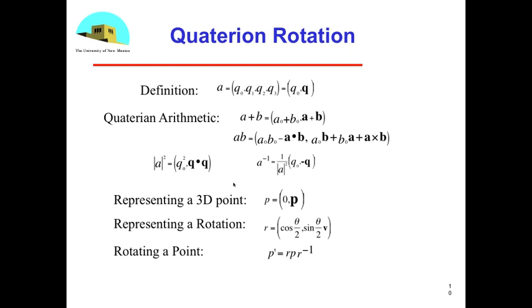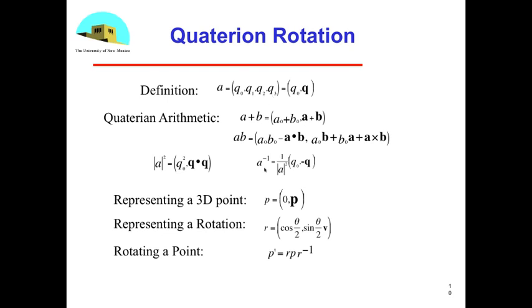So let me give you a couple of special cases. The magnitude squared looks like what we'd expect. It's just Q1 squared plus Q2 squared plus Q3 squared, plus the first component squared. So the magnitude squared is just like the dot product of this 4-element vector with itself.